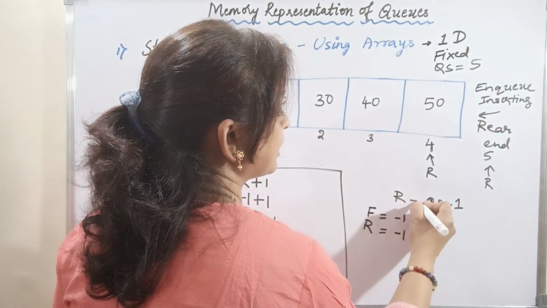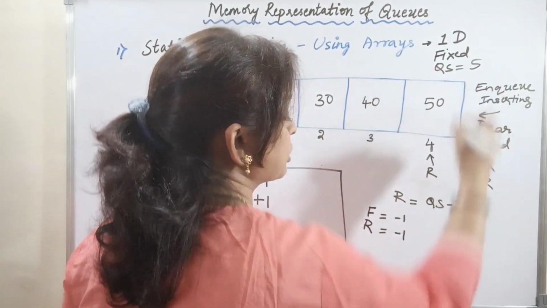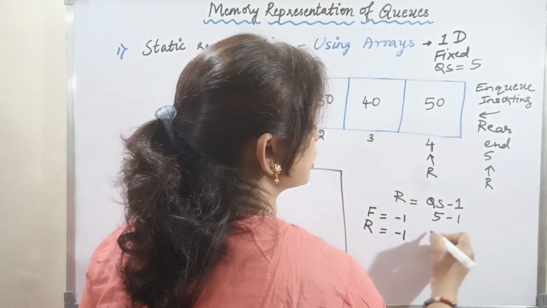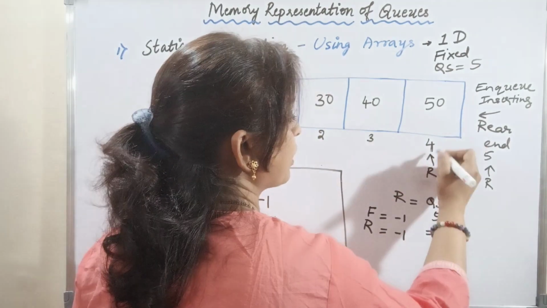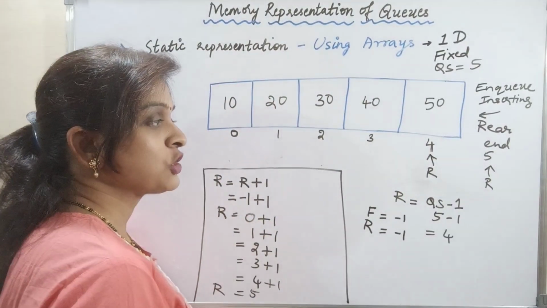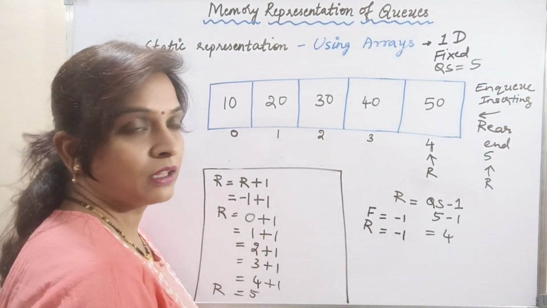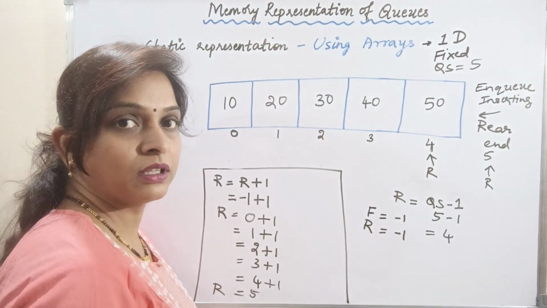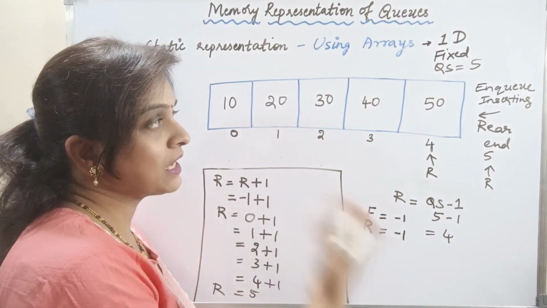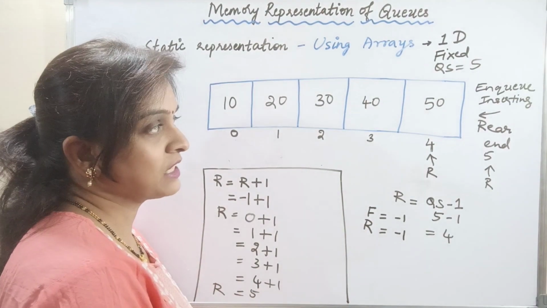When the rear pointer equals q size minus 1, q size is 5, 5 minus 1 means 4, so I cannot do the next insertion. It has already been filled with items.